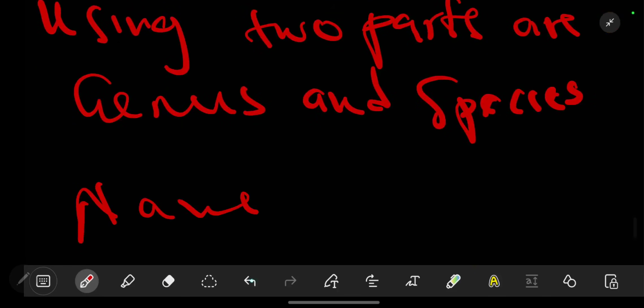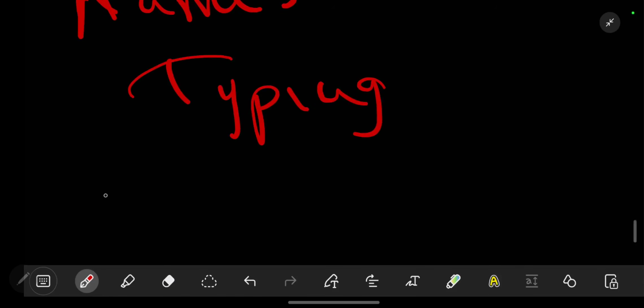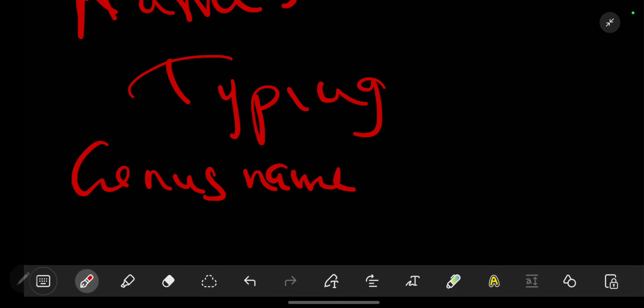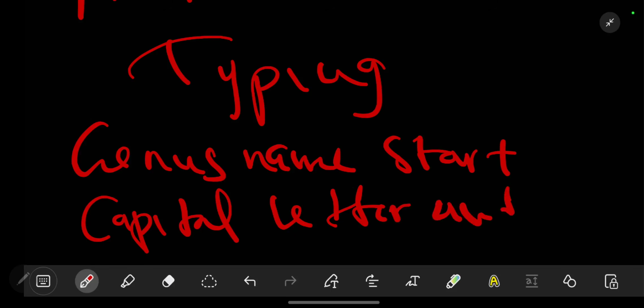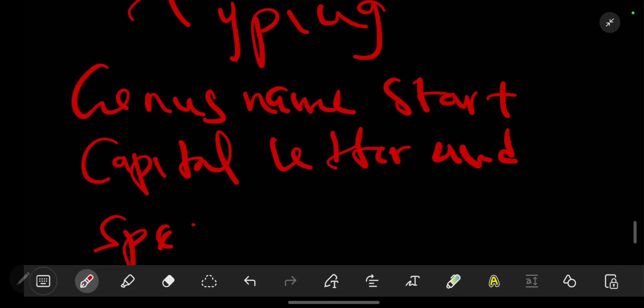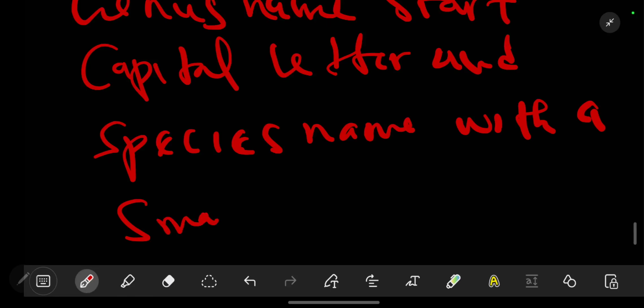So let's talk about this. How do you name? If you are typing, the genus name has to start with a capital letter, and the species name with a small letter.